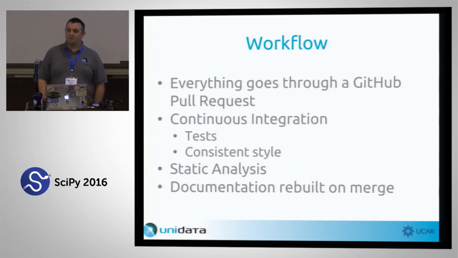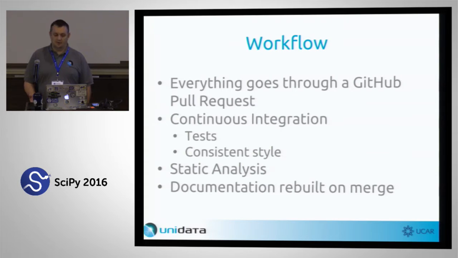Well, our workflow is everything goes through a GitHub pull request. And so my code goes in through a pull request. Everything that gets added, with the exception of maybe editing the README, goes through a pull request, and that makes sure all of the automated checks take place. So that means continuous integration, and we'll talk about what that means. But running our tests, making sure the code has consistent style.